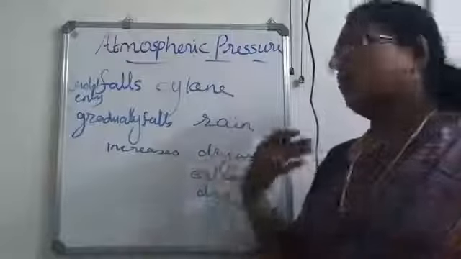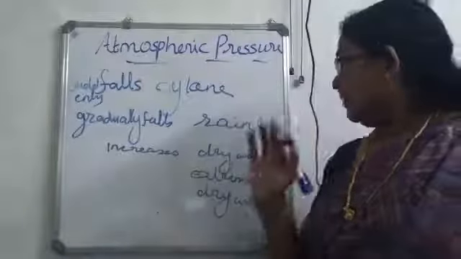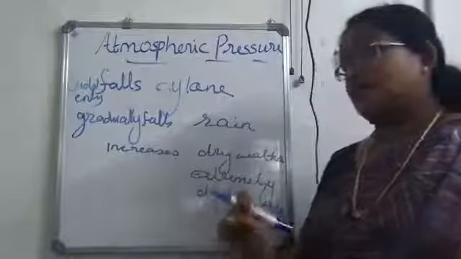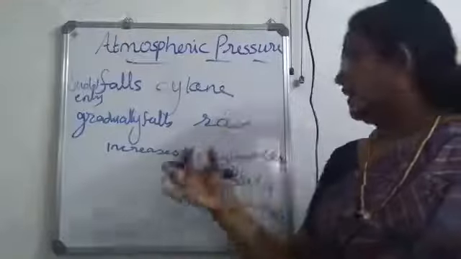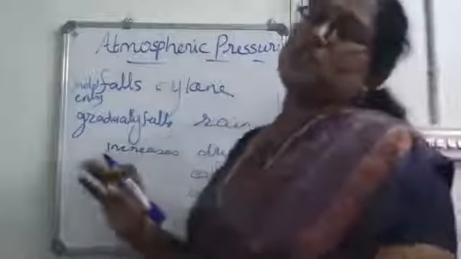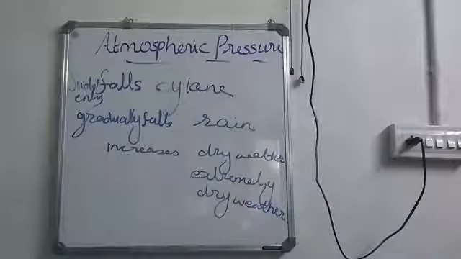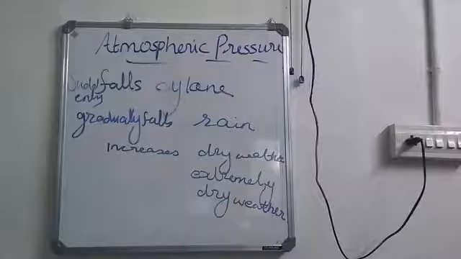If the value increases slowly, dry weather. Then if it is increasing suddenly, then it is extremely dry weather. If there is no change, means the climate will remain as such. Okay. That is, weather will remain unchanged.